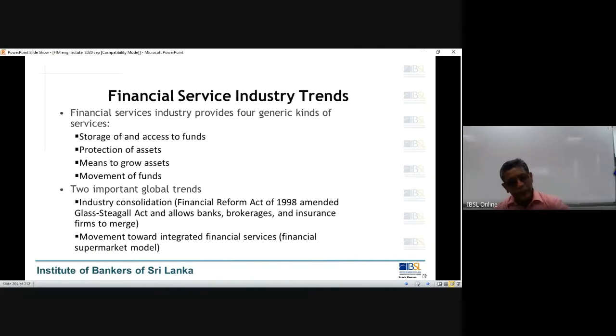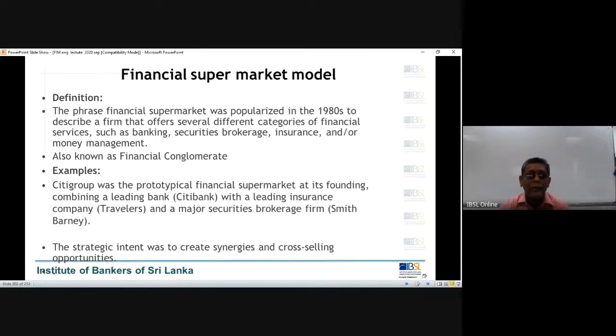And then we are moving to the concept called financial conglomerate or financial services, right? Just read it. What does financial conglomerate mean? It was popularized in the 1980s.